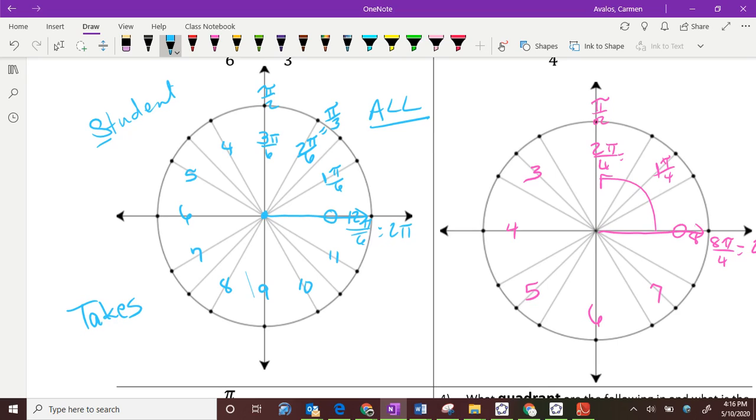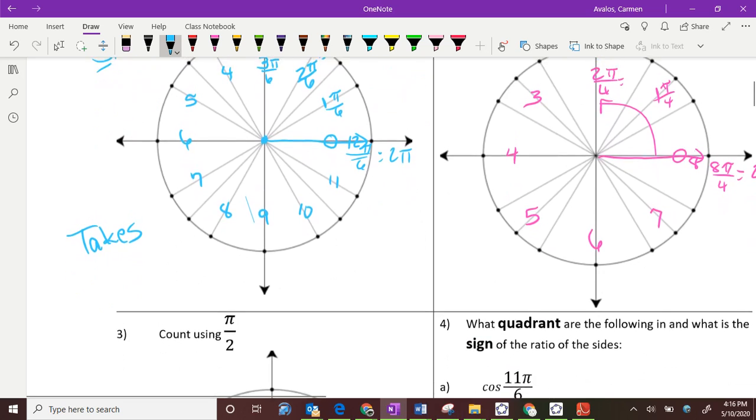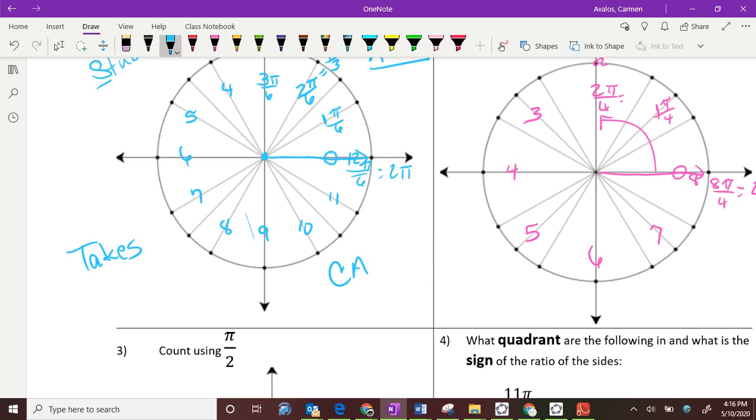Takes, T for tangent and cotangent. Those two are positive in quadrant 3; everything else is negative. And CAT, college algebra trig, or calculus, whichever one you like, or regular cats, if you're a fan of cats. Anyway, C is for cosine and secant, and so those are the only two that are positive.